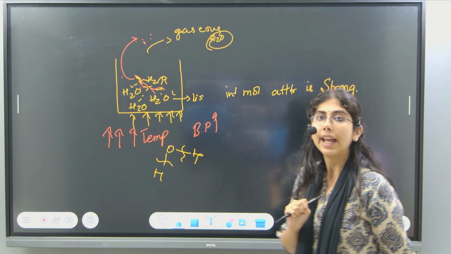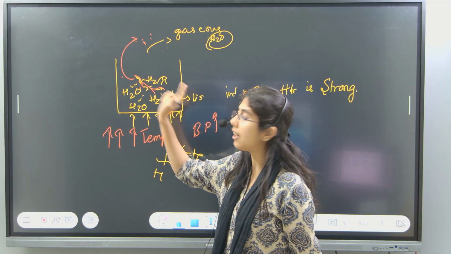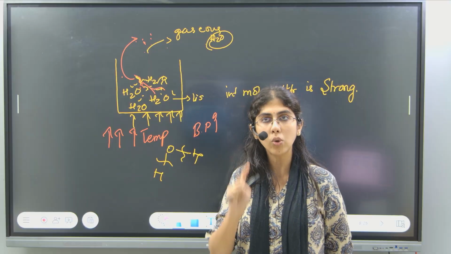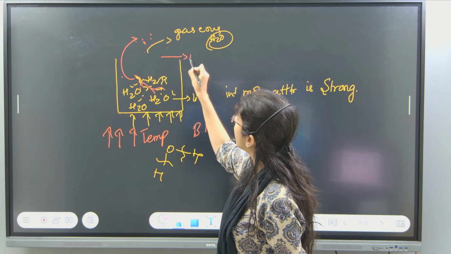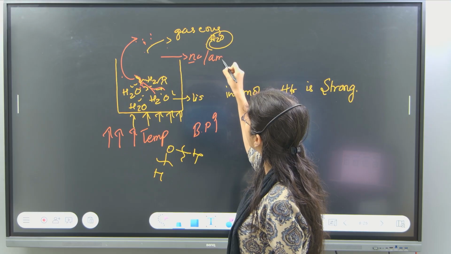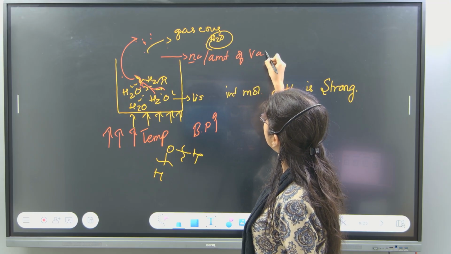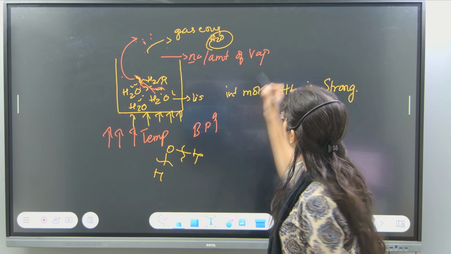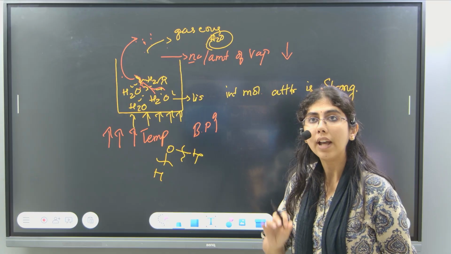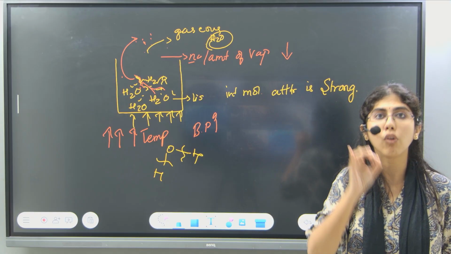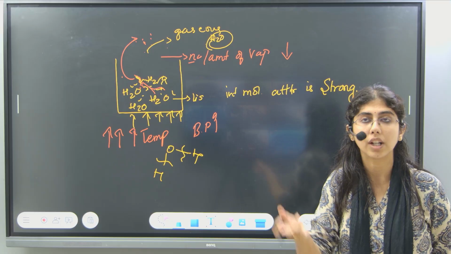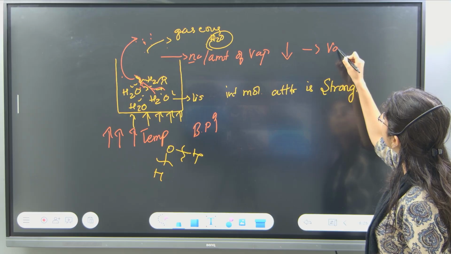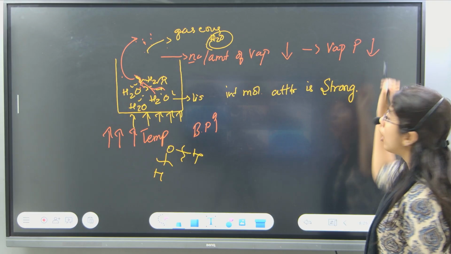Now, if it is very difficult to convert liquid to vapor, then the amount of vapors will be low. If the amount of vapors is low, the vapor pressure will also be low.